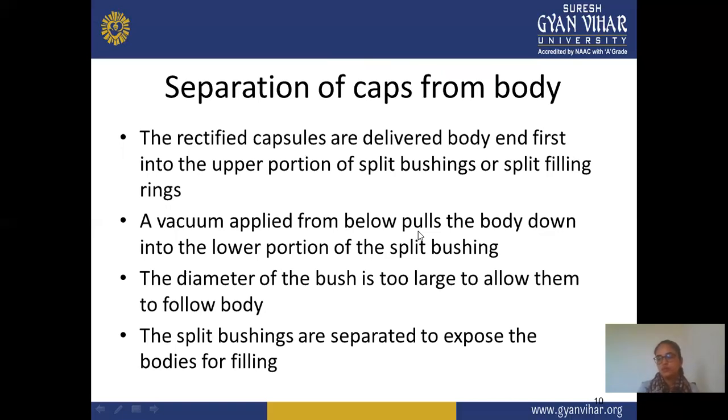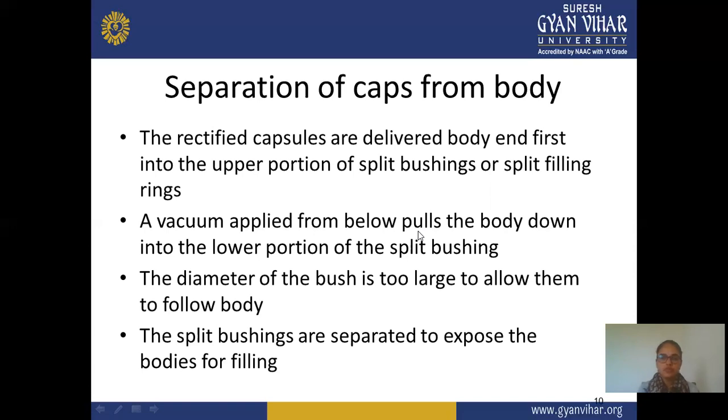After setting the capsules, remove the cap part of all the capsules, and the rectified capsules are delivered body end first into the upper portion of the split bushing, which is the process after rectification. Next, vacuum applied from below pulls the body down into the lower portion of the split bushing.